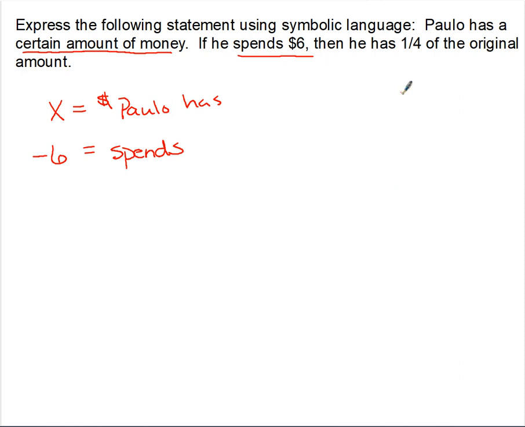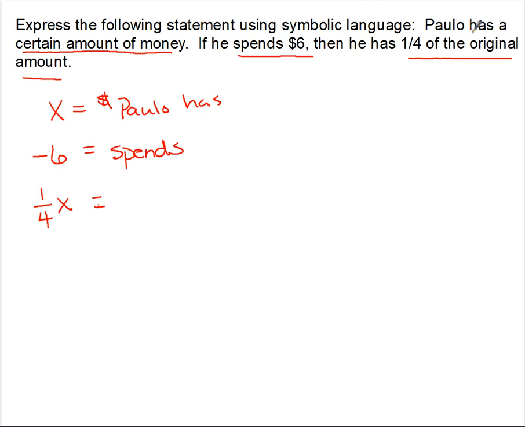And then the last thing is, how do we write 1/4 of the original amount? Well, what was the original amount? We already said what that was. Right, I know we don't know the exact amount, but we know it was x. So if I have 1/4 of x, now we need to put all of this together.